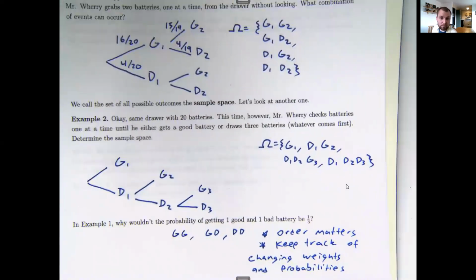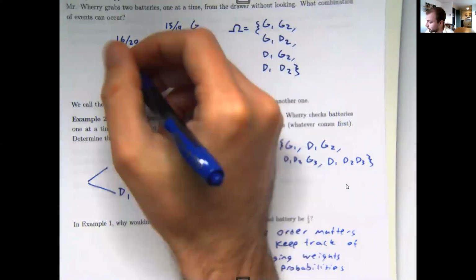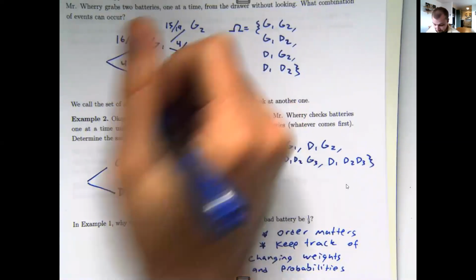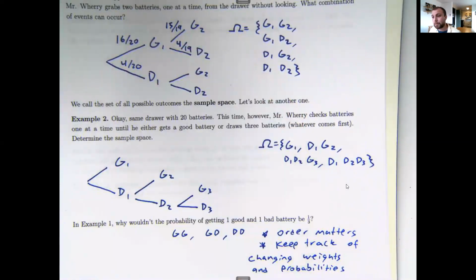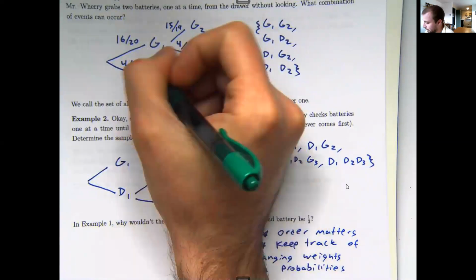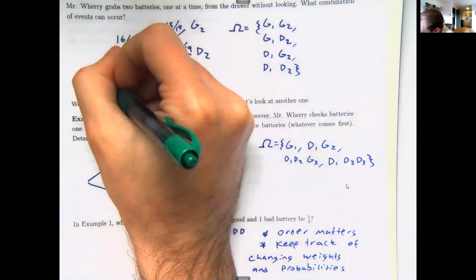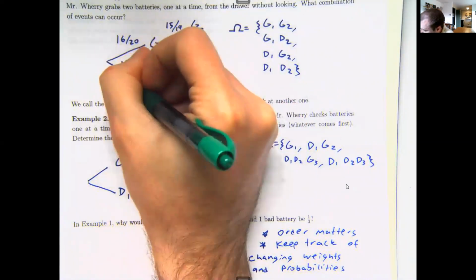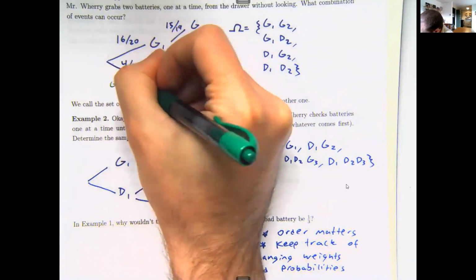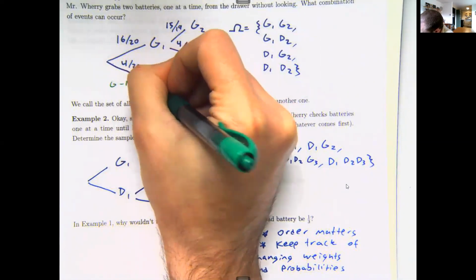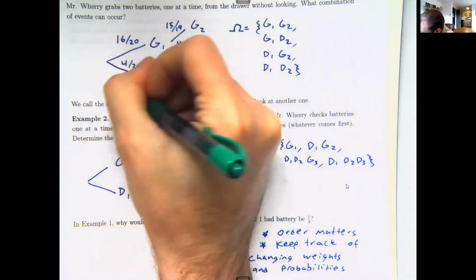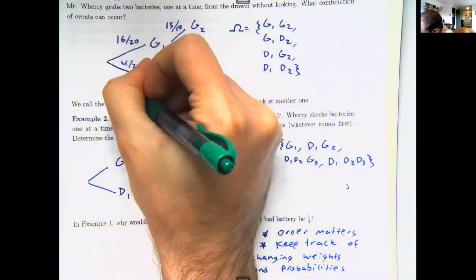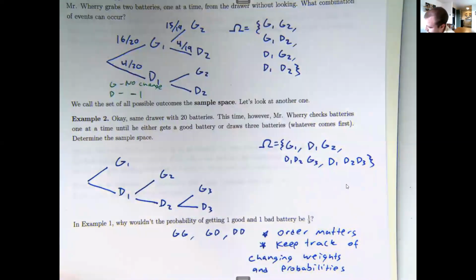Looking at the bottom, suppose that your first battery that you pulled out of the 20 was a dead. Now, one thing that might help you is to write what changes here. If you pull out this dead battery, the good doesn't change at all. The dead batteries, this goes down by 1.